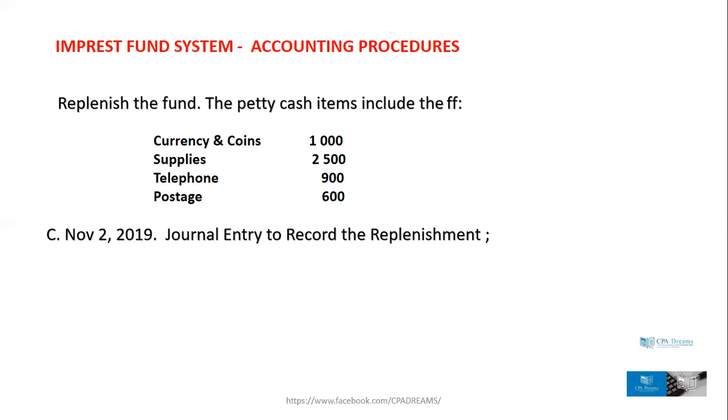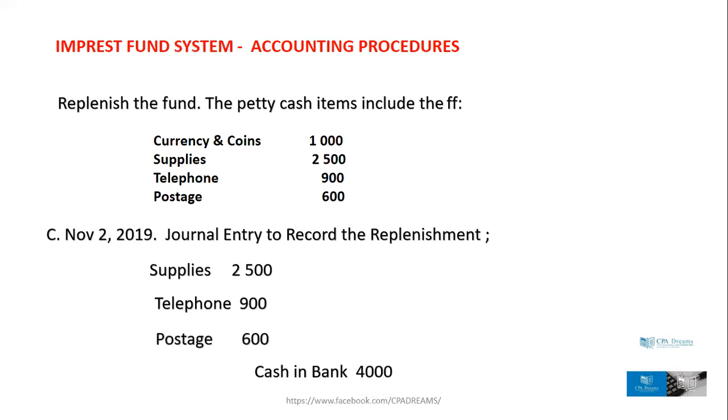Let's say on November 2, 2019, the entries will be supplies 2,500 debit, telephone 900 debit, postage 600 debit. Then credit cash in bank 4,000. Okay? So remember, in making journal entries, debit always equals credit.